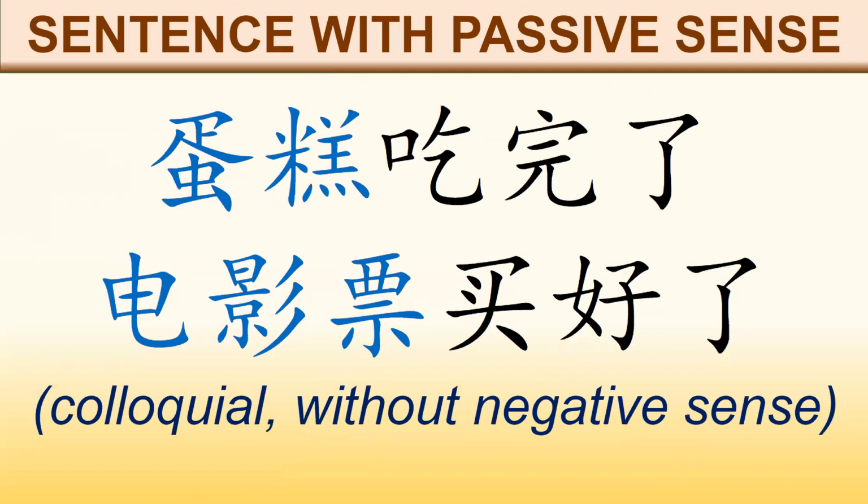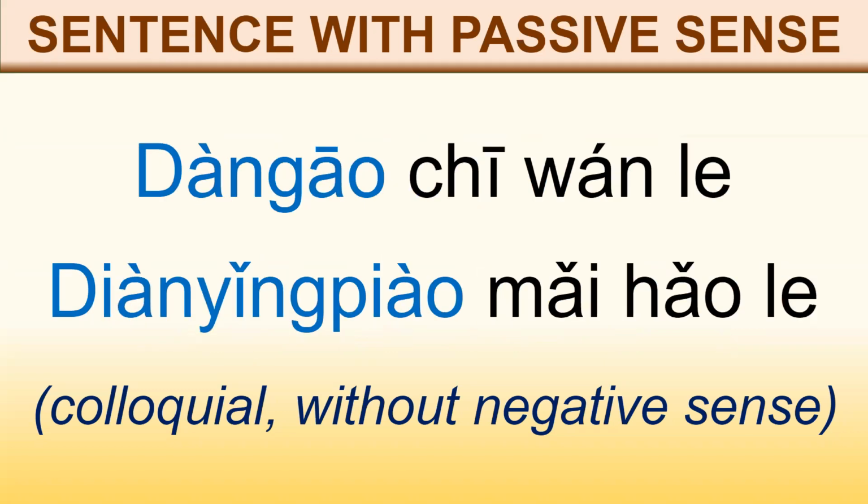In HSK 3, we also studied some sentences that, without using 被 or other specific verb, also have a passive sense, a passive meaning. They are used in a colloquial way without any negative sense. For example, the sentences we have here, 蛋糕吃完了. The cake was eaten completely. The second one, 电影票买好了.